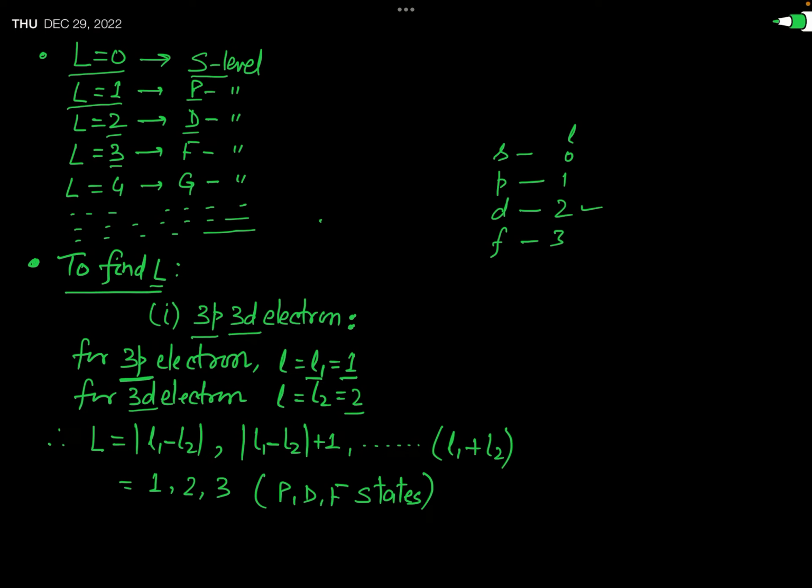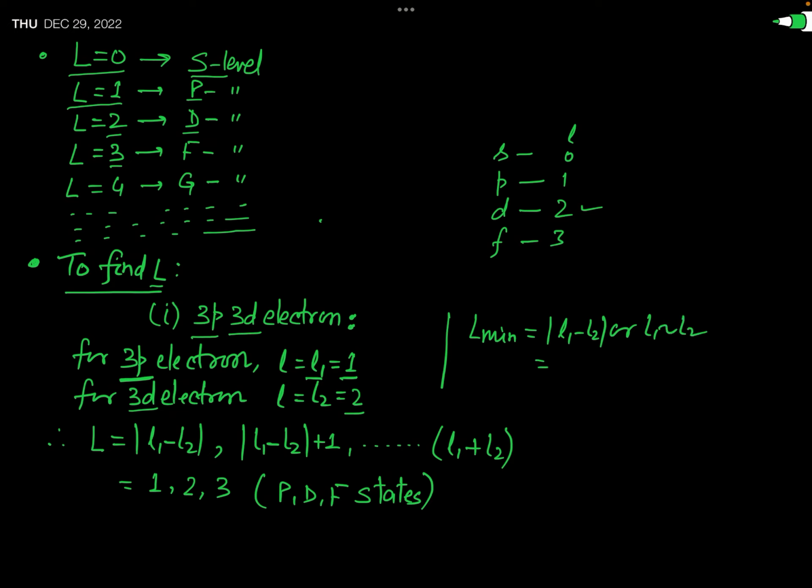Although I have obtained l here by the actual process, by a trick you can easily find it. First of all, to get the value of capital L, find the minimum value of L. So L minimum will be what? You can find L minimum by mod of l1 minus l2, or you can take l1 difference l2.